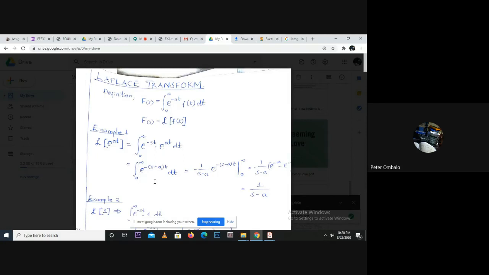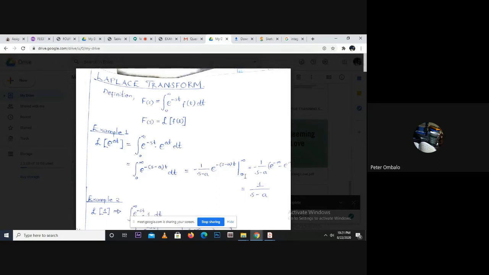If you find its integral, it becomes negative, because the power is a negative, 1 over s minus a, because whenever we are getting the integral of any exponential, we take its power and then we invert it and then we multiply it by the same thing. So that's basically what I was doing here.